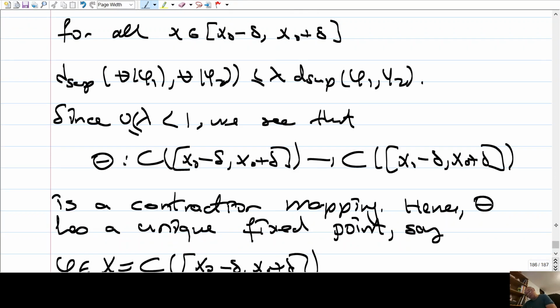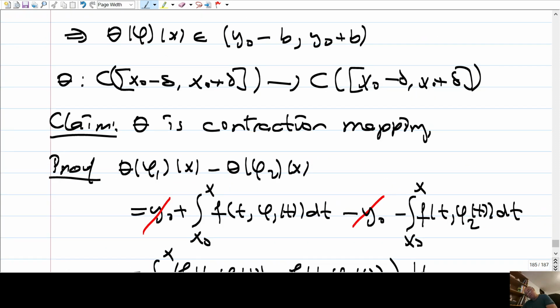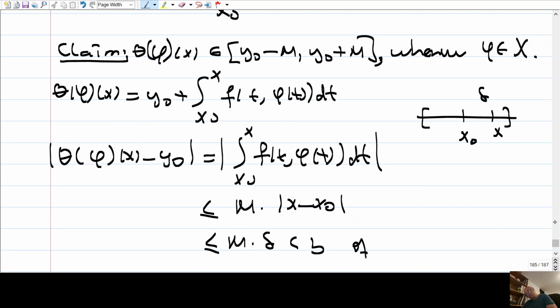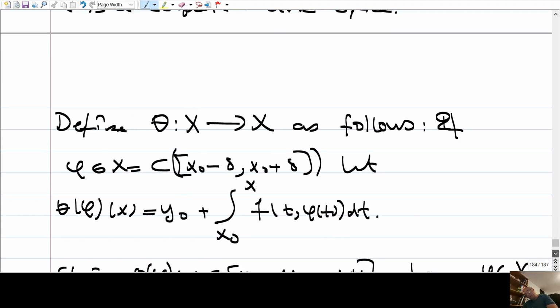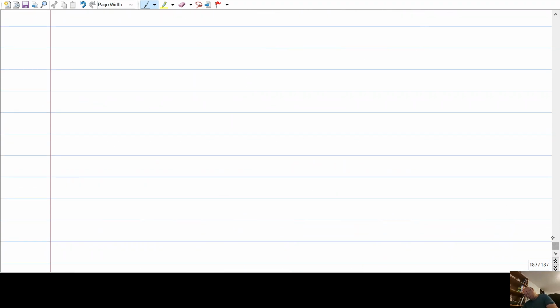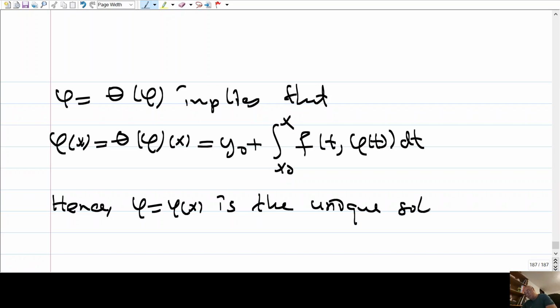This was the definition of theta. Okay. Yeah, we defined it this way. So this means what? Hence phi(x) is the unique solution of the integral equation.